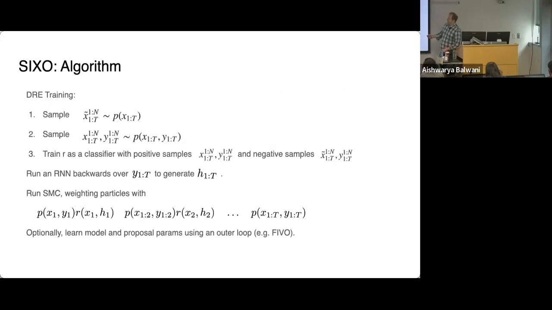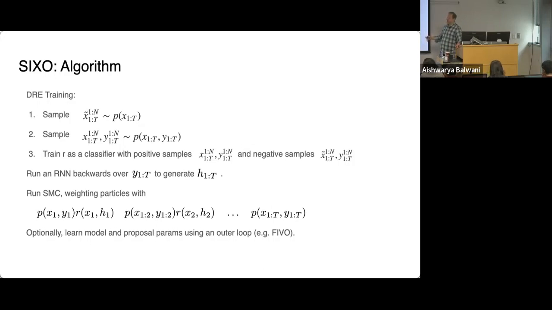So how does that work? Well, first, the 6.0 algorithm has a couple of steps. We'll draw samples from our prior probability distribution over states. We'll draw joint samples of X and Y using the joint distribution again, and we'll train a classifier with two types of samples, X1 and Y1, which are drawn jointly from this model, and then X tilde and Y, which are drawn independently.